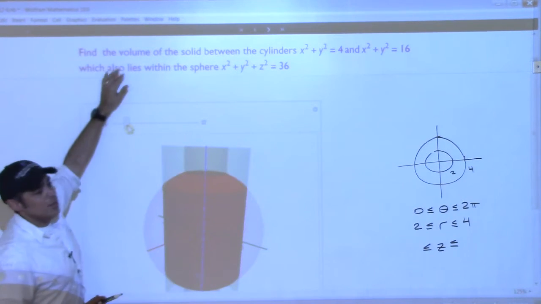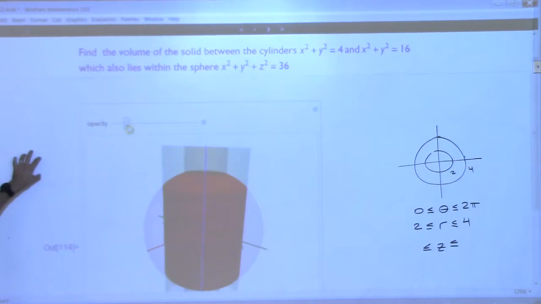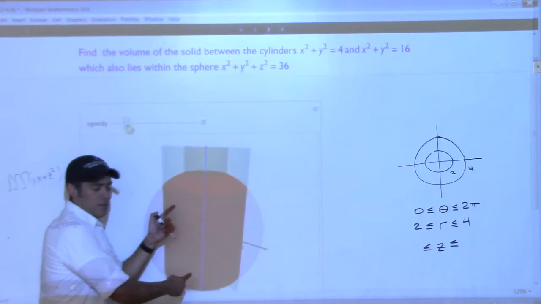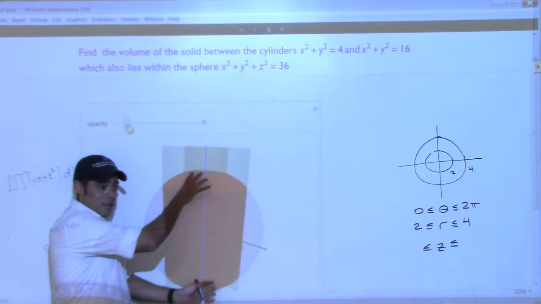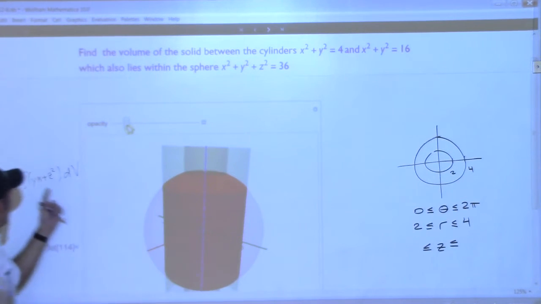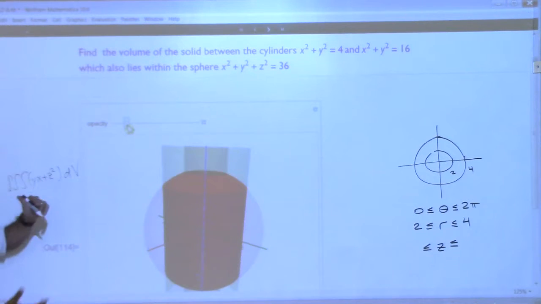If this was asking you to do some triple integral of, let's say, xy plus z squared with respect to volume, then it would be very dangerous to break it up into 2 pieces. Because even though the region of integration is symmetric, top and bottom, what this is doing within each of those 2 regions may not be the same.